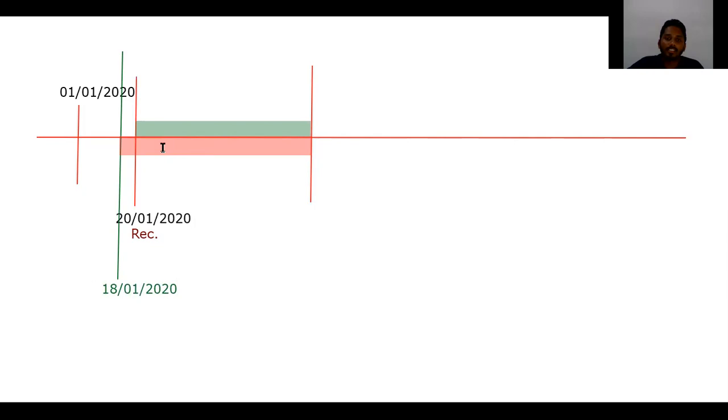Then you can count 30 days from this date. Here, 30 days, you can go from this date onward. Then you can appeal against the assessment from the postal date onward.